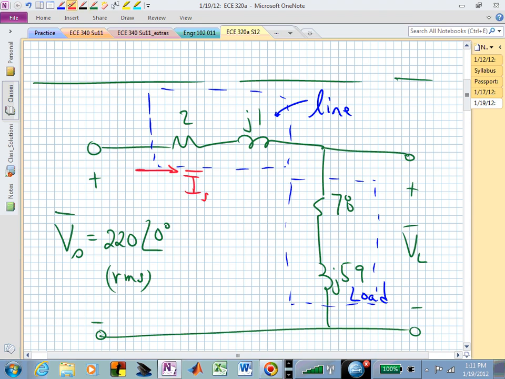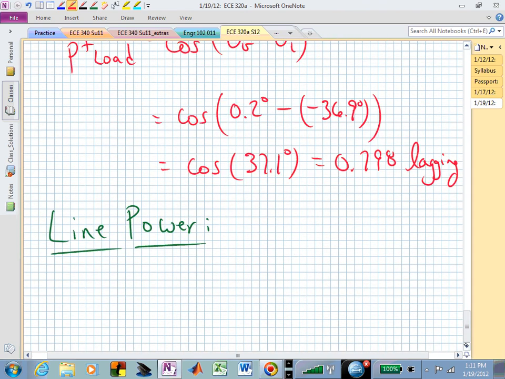What I'm saying now is maybe we want to know what this voltage is. V sub lowercase l bar. Once we have that, we can multiply it. There's a lot of different ways we could find this. And what's the sign of this power? I'm not going to scroll back.